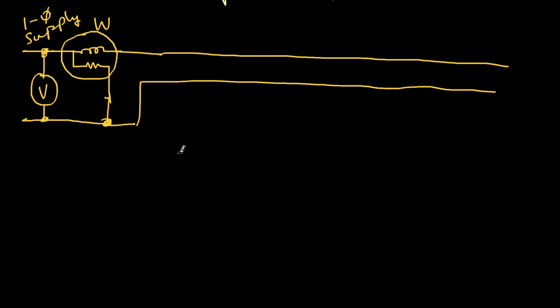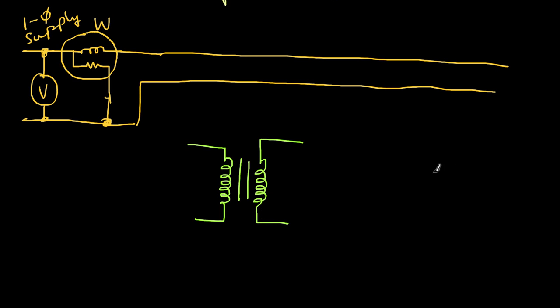Next, I will take two transformers. This is the first transformer, and this is the second transformer. These two transformers are identical to each other. Similarly, this is one more transformer, and this is one more transformer.